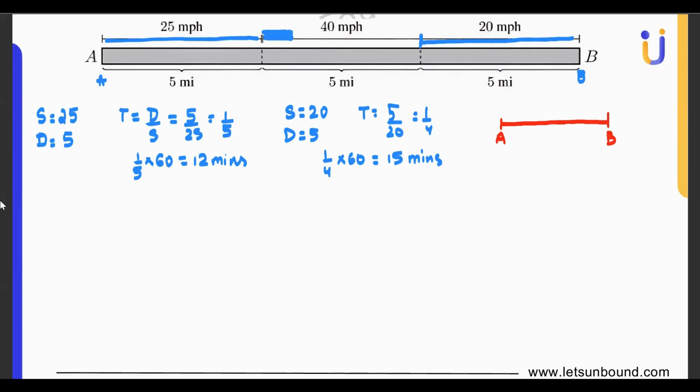For a normal question, if A and B are at two ends and they're moving towards each other, remember they might not meet exactly in the middle. That's one thing you have to keep in mind. Students assume that they meet exactly in the middle, which is incorrect, so that must not be done.